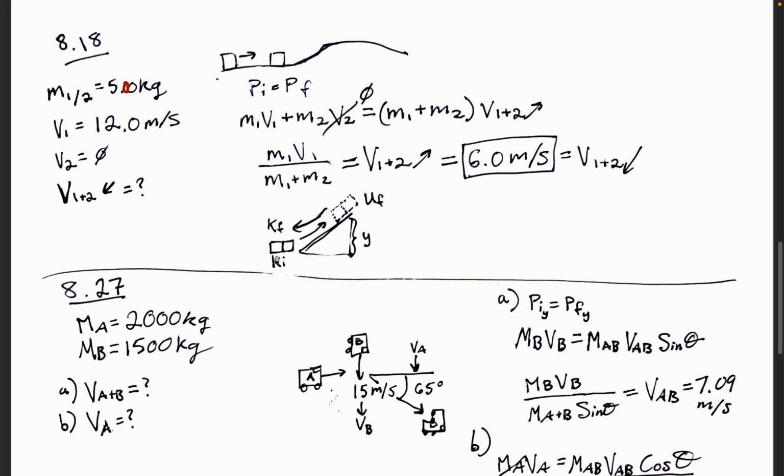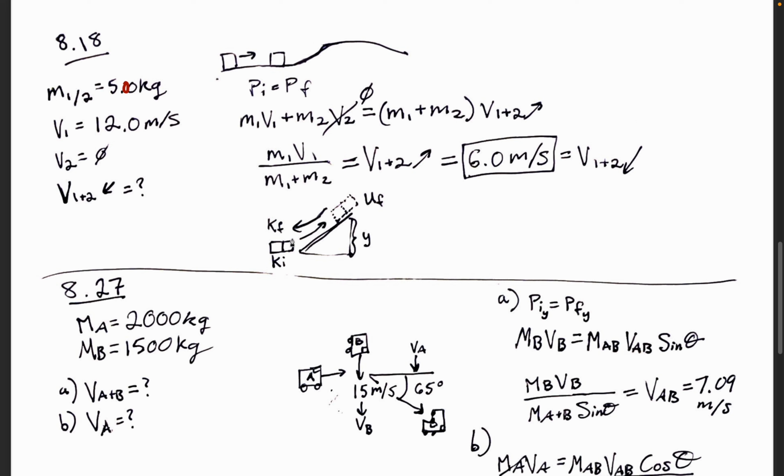Down here you can see this picture. We have this double unit going, and you can rearrange the equation, and then you'll find out that the velocity just after these 2 blocks have connected is 6.0 meters per second.